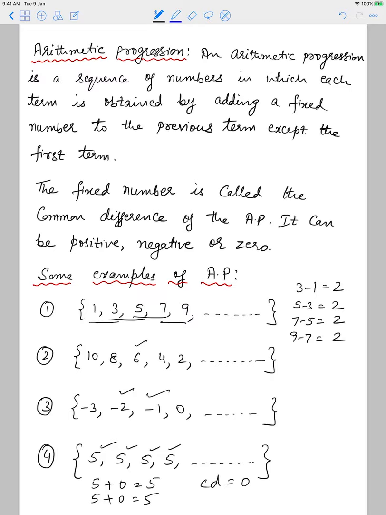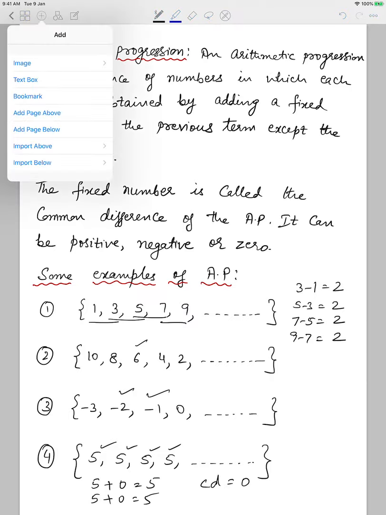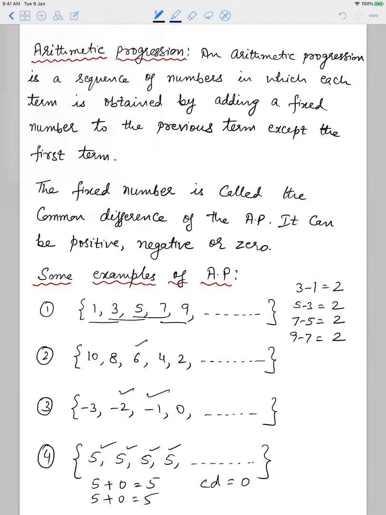Okay, so you are clear about the common difference and the first term of the arithmetic progression. Now let's start writing down the general form of arithmetic progression. Suppose I say let A be the first term.